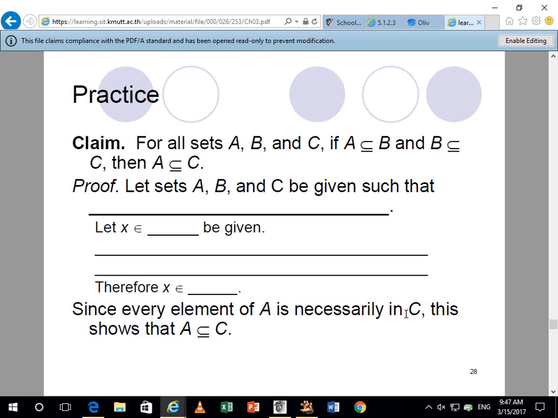But this cannot be true, can it, if that's the case? If A is a subset of B, then what can that be? If we say A are people who are paying attention in class, then what can B be? So B can be those who are actually present in class.